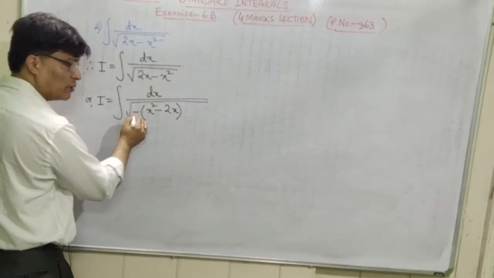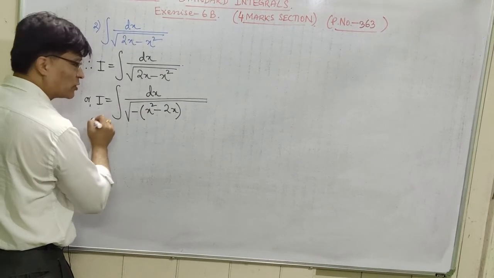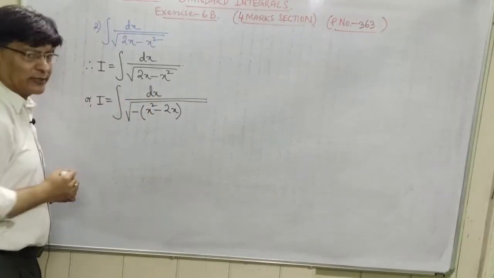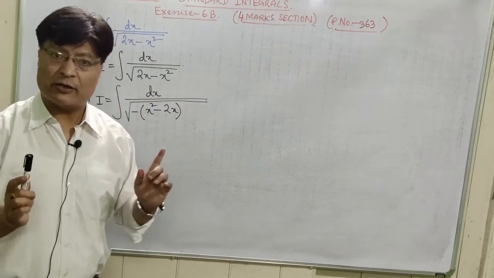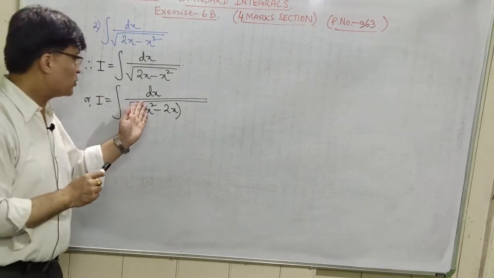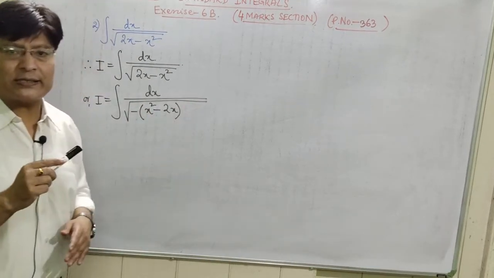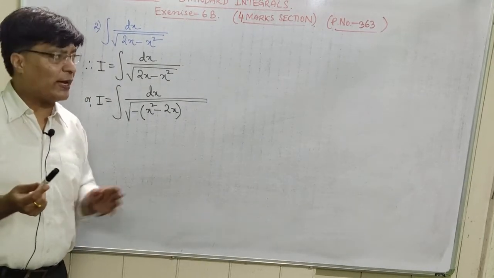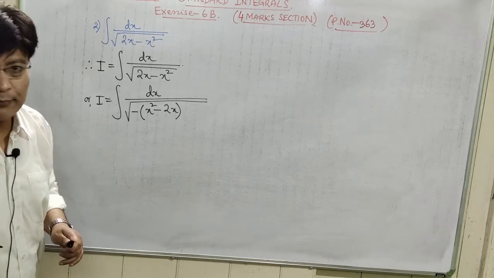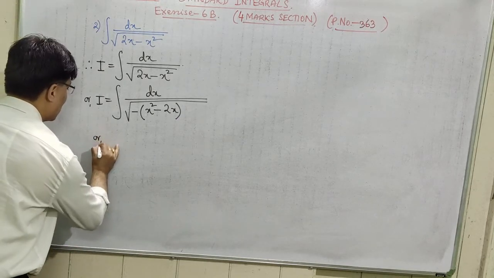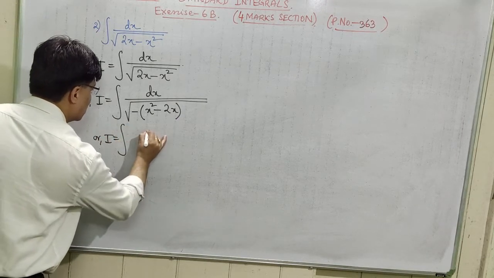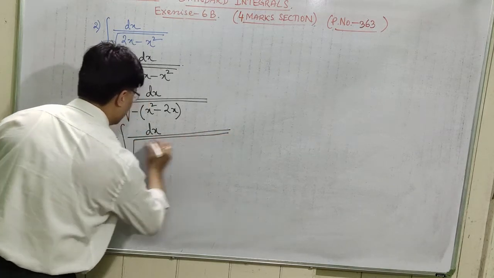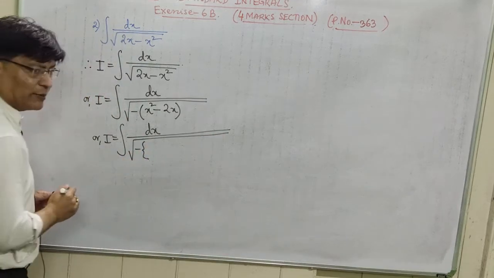You cannot factorize here because the coefficient of x square is negative. So now we have to convert this x square minus 2x in terms of perfect square, that is a square minus 2ab plus b square, or it may be a square plus 2ab plus b whole square. So I is equal to integration of dx divided by square root of minus within second bracket.